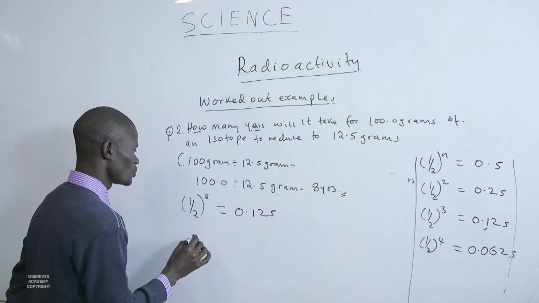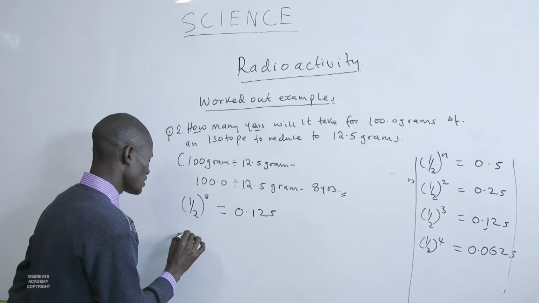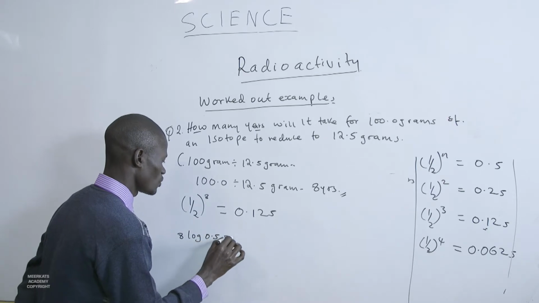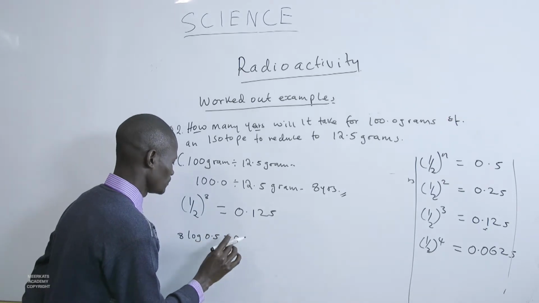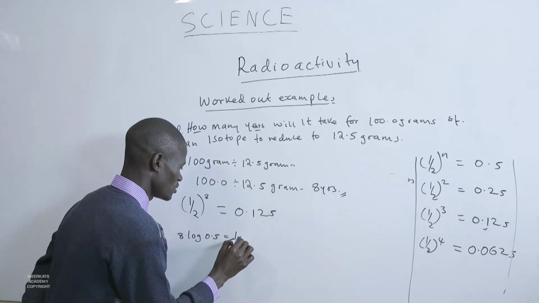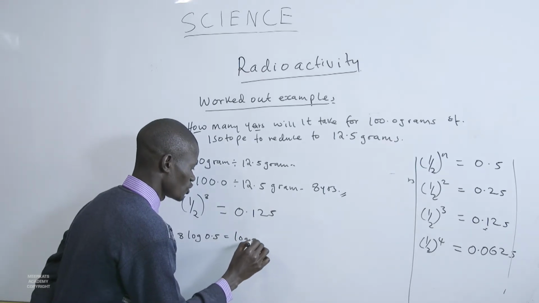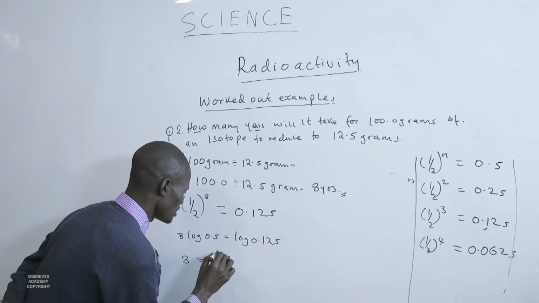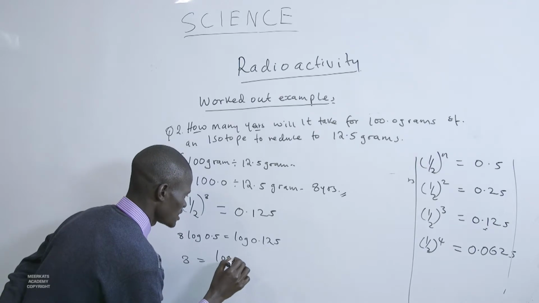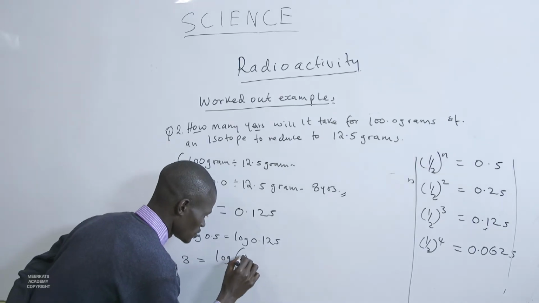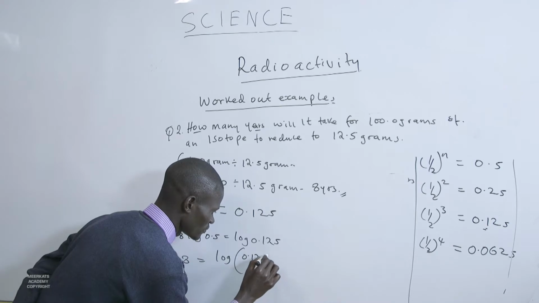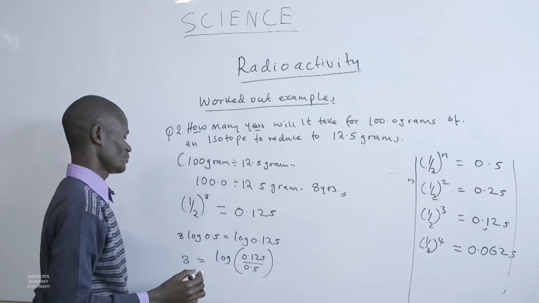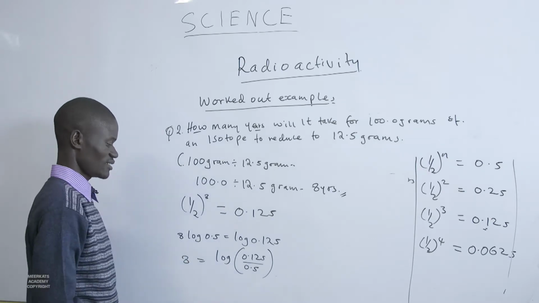What we are going to do is to have 8 log 0.5. We equate it with log 0.125. And then we take the division, that is log 0.125 divided by log 0.5.